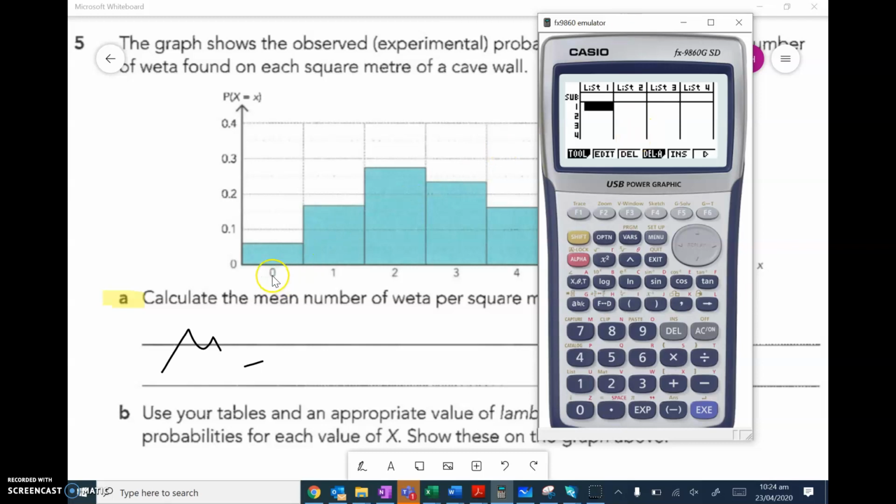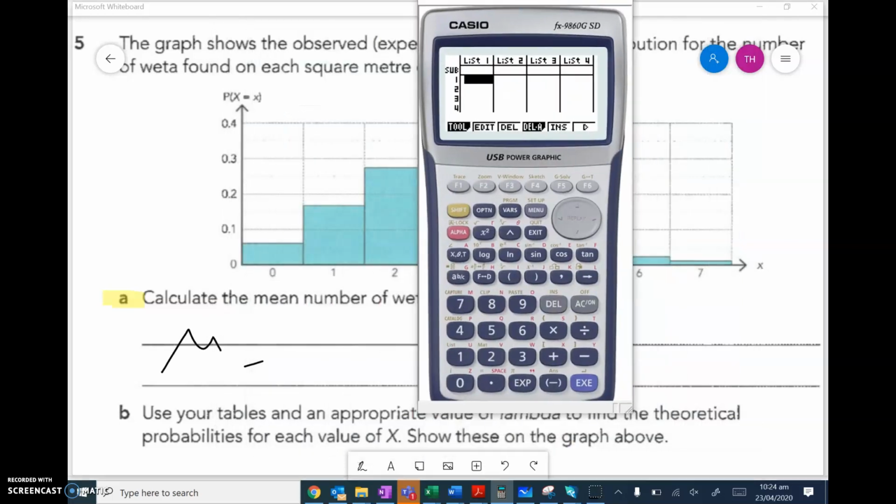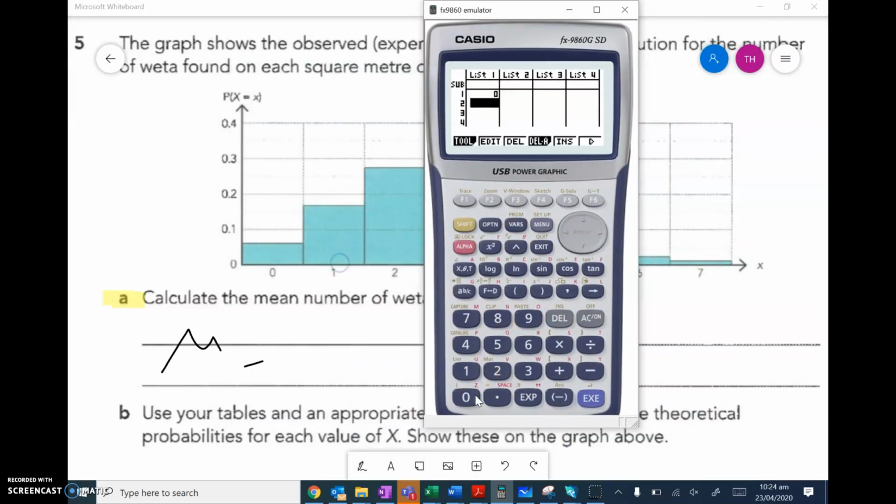So what I'm going to do is I'm going to estimate the values based on this diagram they've got here. So I'm going to put in all the values across the x-axis. So it's 0 to 7. So 0, 1, 2, 3, 4, 5, 6, 7. And I'm going to look at what 0 is on my graph.